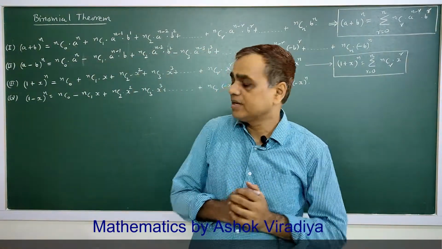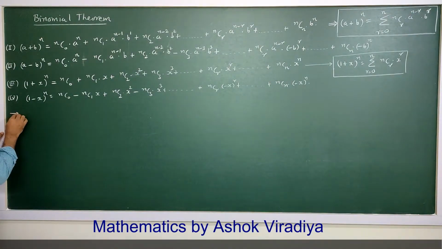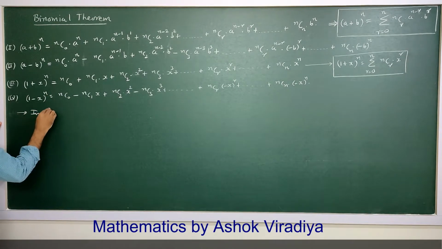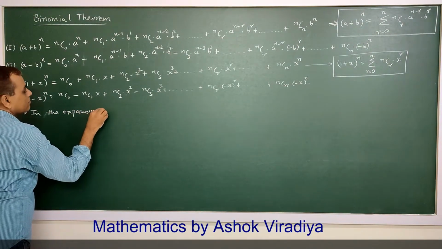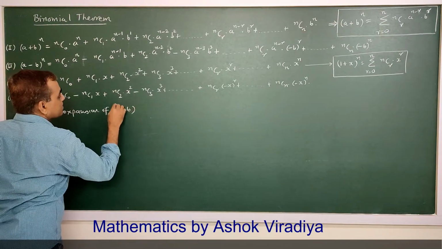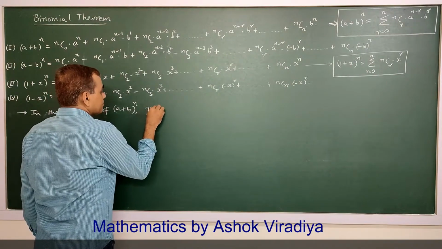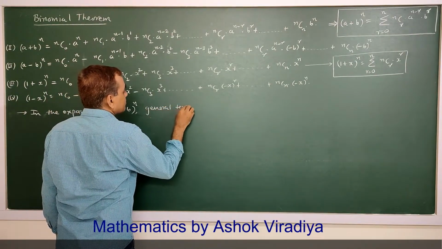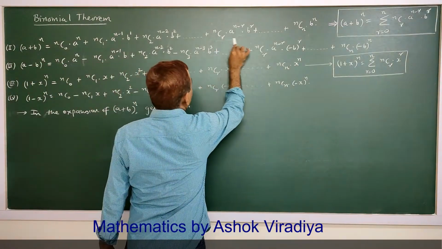Now observe here, in the expansion of (a plus b) raised to n, the formula for the general term.